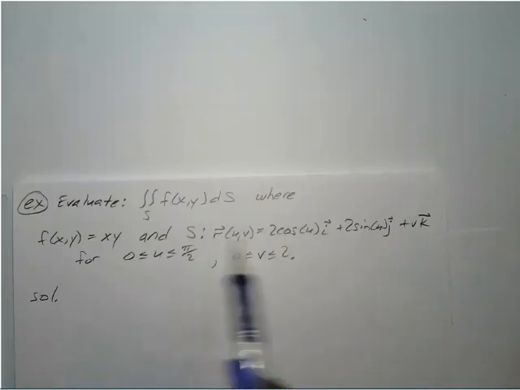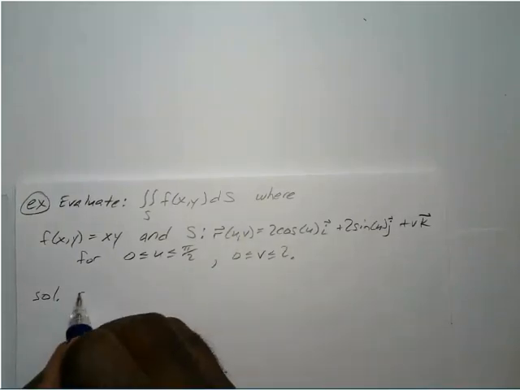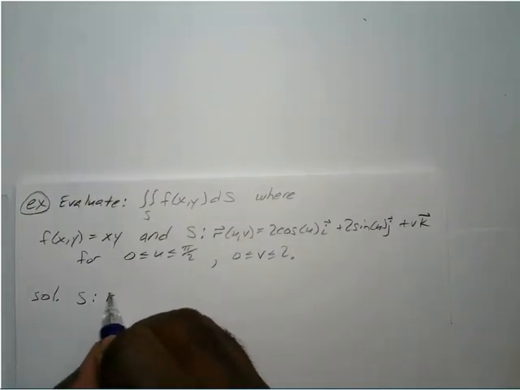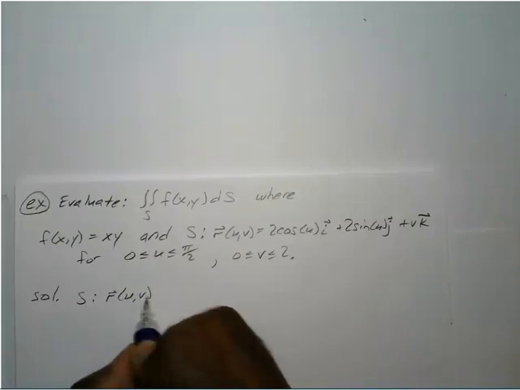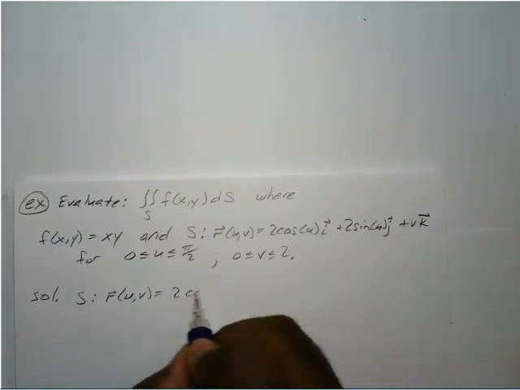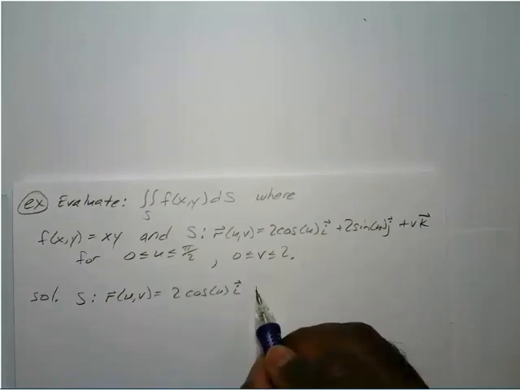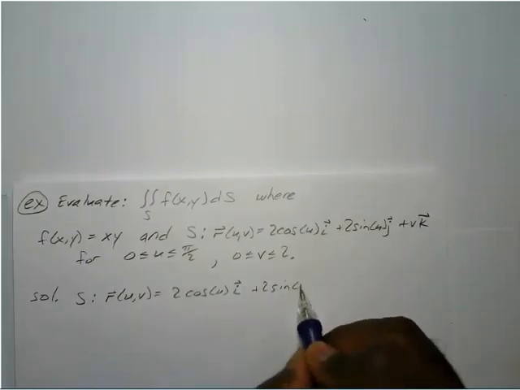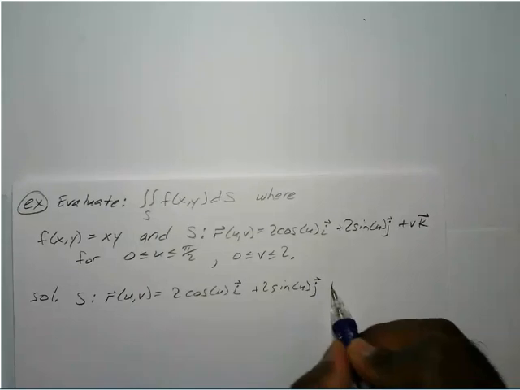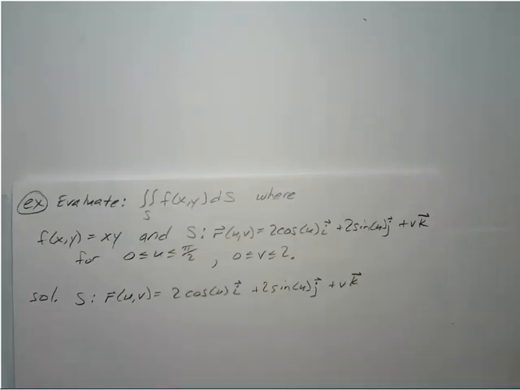Okay, so first we're going to go ahead and write down our surface. So you have 2 cosine of u times the i unit vector plus 2 sine of u times the j unit vector plus v times our k unit vector.